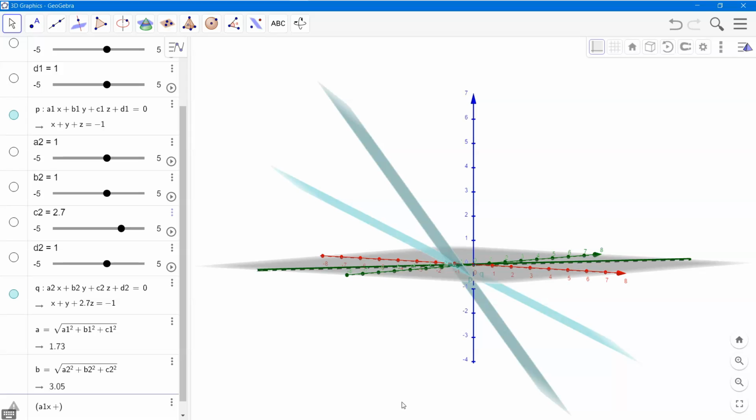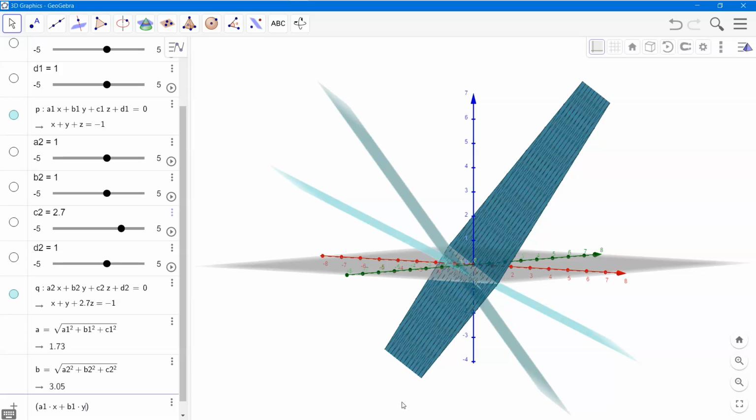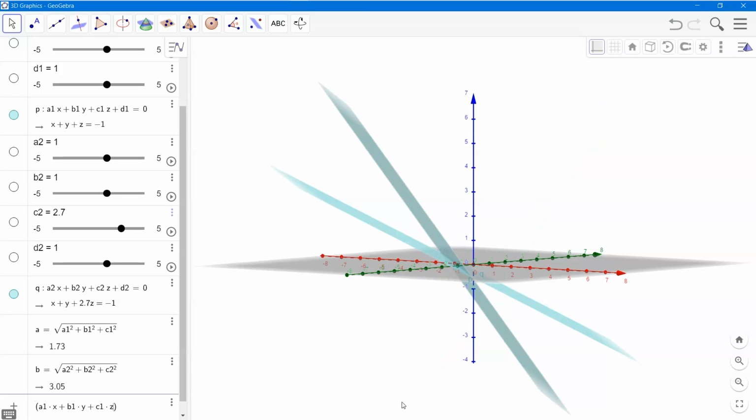a1x plus, sometimes it can give a problem because it might multiply x and 1, so let's separate them: b1 times y plus c1 times z plus d1, divided by the magnitude, that is the distance, is equal to.